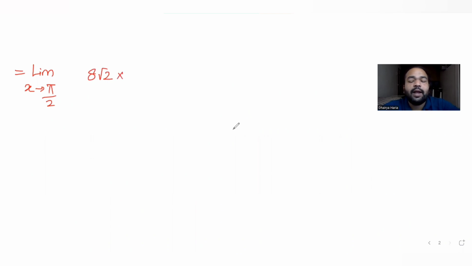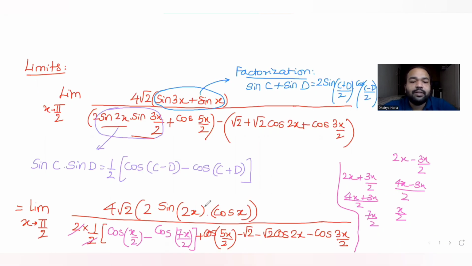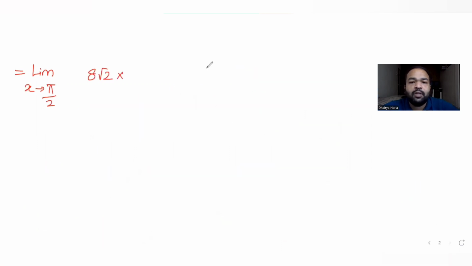I can also use the formula for double angles, sin 2 theta equals 2 sin theta cos theta. So I can split sin 2x as 2 sin x cos x, so I get 2 sin x cos x into cos x. That becomes my numerator.